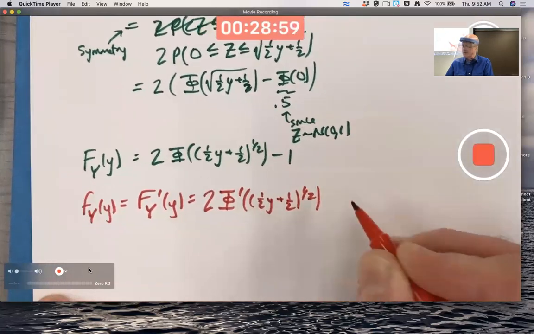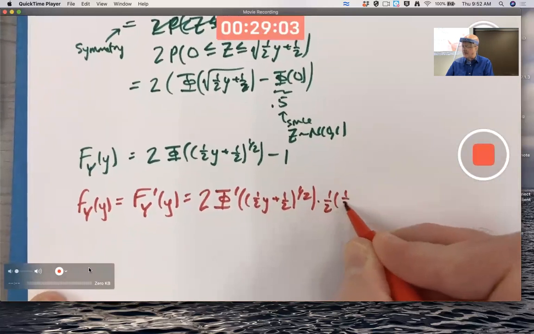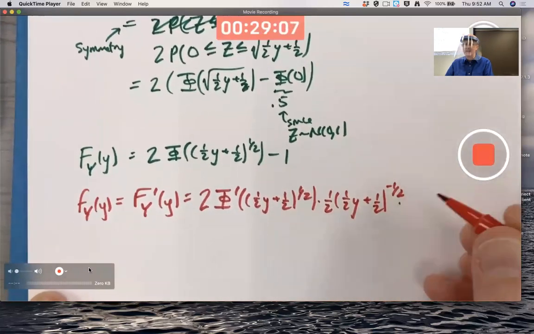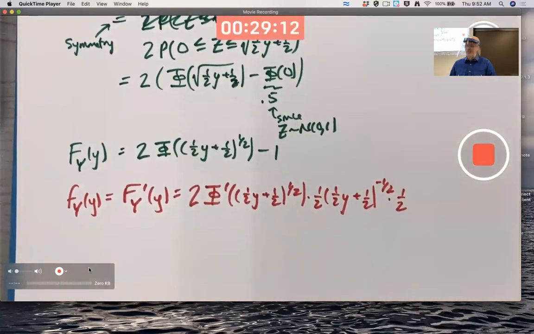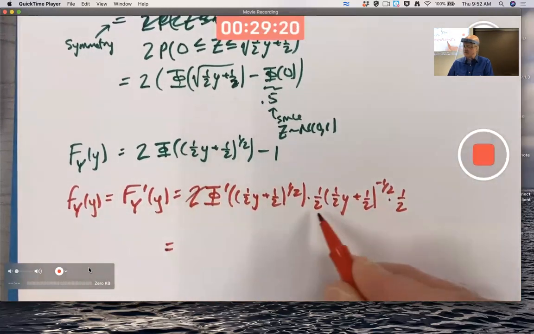And we're going to get another derivative. The derivative of the inside is going to be 1/2 y plus 1/2 to the negative 1/2. Then we use the chain rule again and get another 1/2. One of those 2's can cancel.